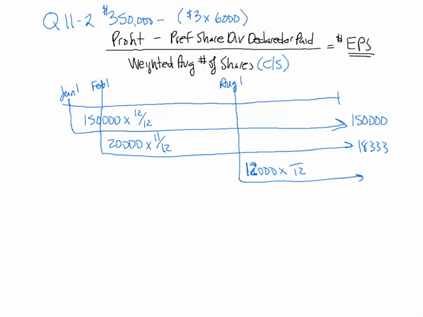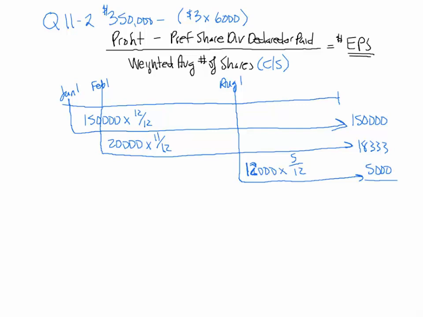I have 5, August, September, October, November, December. This company's year end is December. So I have 5, yes, 5. Okay, so now 12,000 times 5 over 12 is equal to what? 5,000.